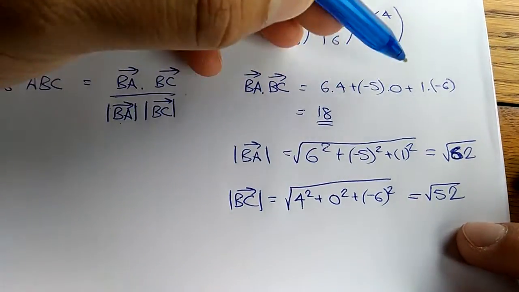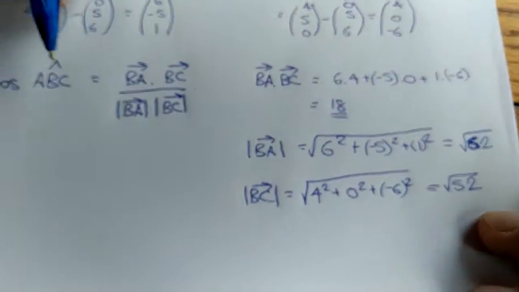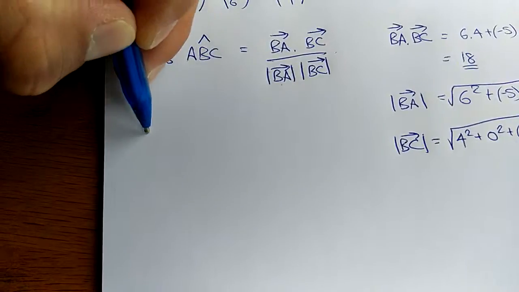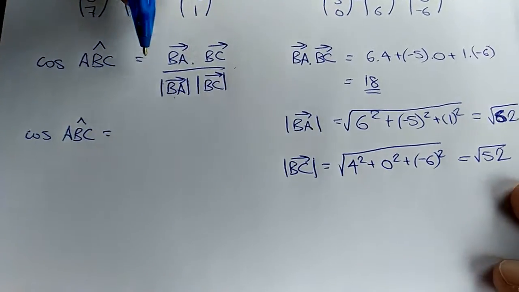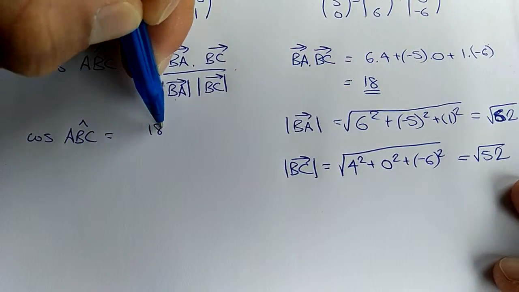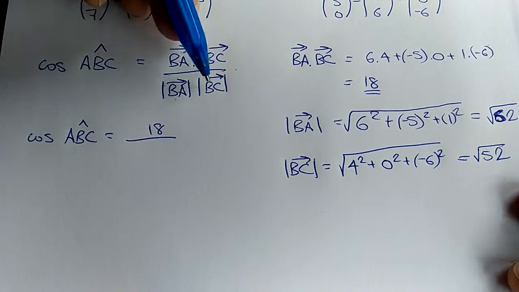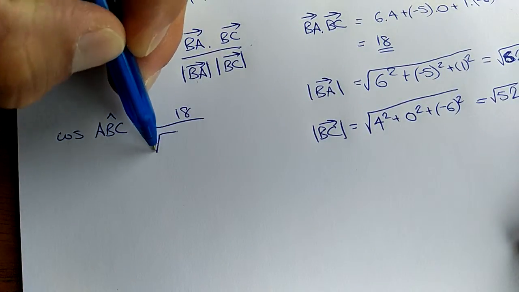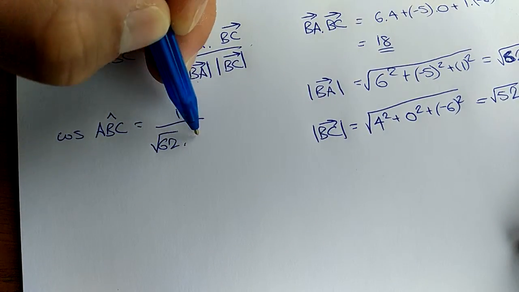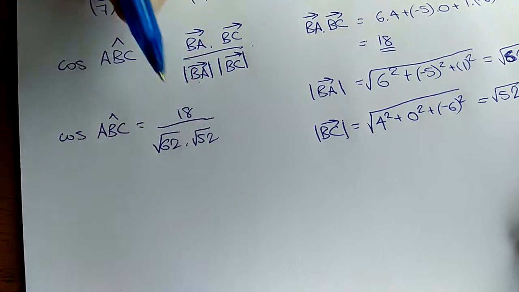Okay, so now we just sub these three things into the equation and work it out. So cos ABC is going to be BA dot BC, which was 18, over the magnitude of BA times the magnitude of BC. So that's root 62 times root 52. Like so.